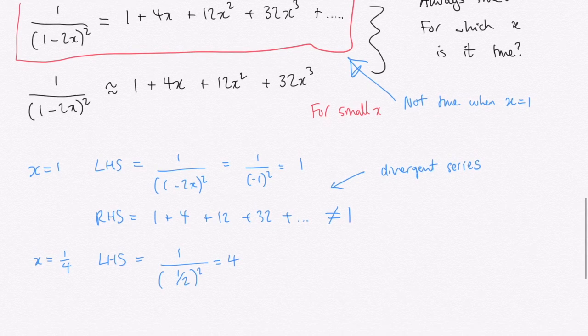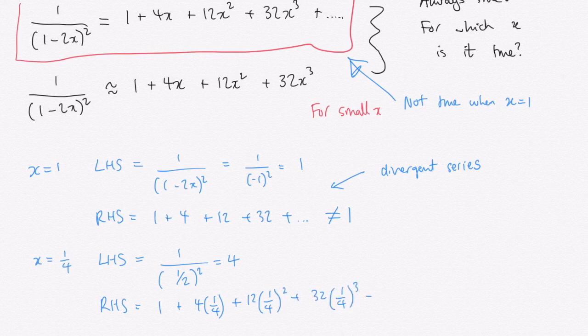The right-hand side is going to be 1 plus 4 times a quarter plus 12 times a quarter squared plus 32 times a quarter cubed plus all these infinite terms.